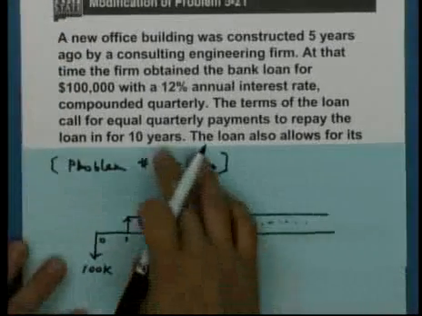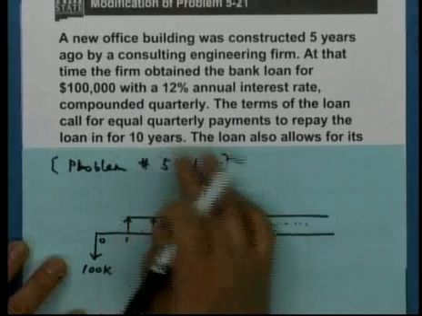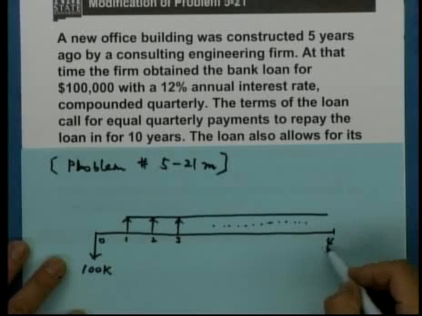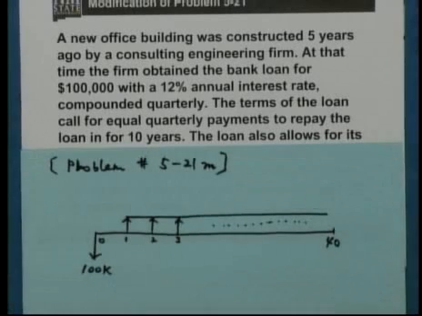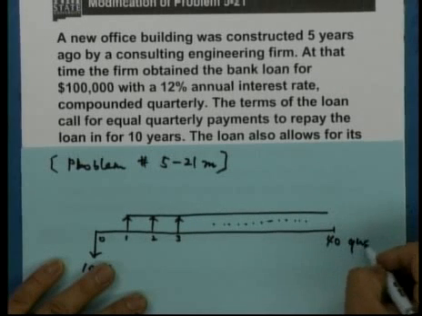For the next 10 years. And there are 40 quarters in 10 years. So the last payment will be made at the end of 40 quarters, right? So 40 quarters.